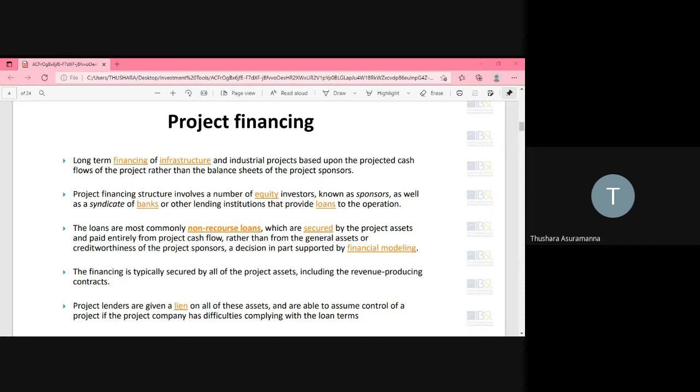Let's say you are going to purchase a land, put up a building, and open a supermarket. Your security is not a separate land. It could be the land, the building, the machinery that you are going to install, furniture, fittings, maybe the stocks, personal guarantees of the company directors, or maybe contracts to some extent.